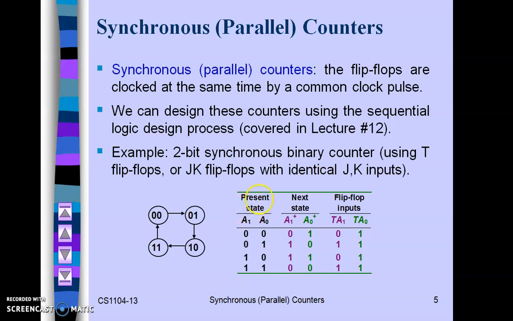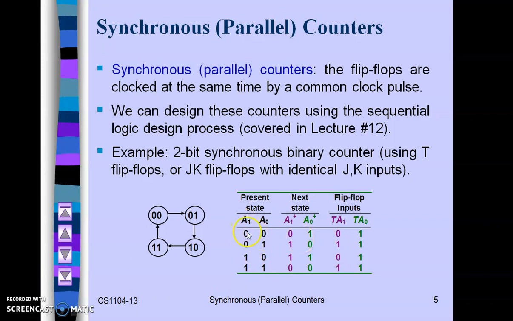On the basis of that, we find what the input for the flip-flop should be. Here we have the present state of the 2 flip-flops, flip-flop 0 and flip-flop 1. Initially the state is considered 00. In the next state the output should be 01. When the present state is 01, the next state will be 10, and like this. So what should be the input for that?